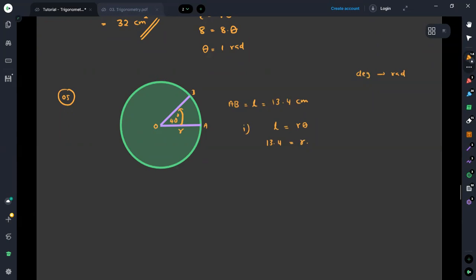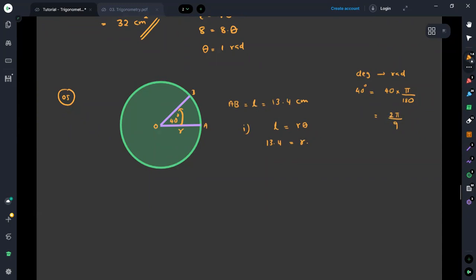To have this conversion, we can say 40 degrees equals 40 times pi divided by 180 degrees. Once we perform this calculation, the radian measure equivalent to 40 degrees is 2 times pi divided by 9.